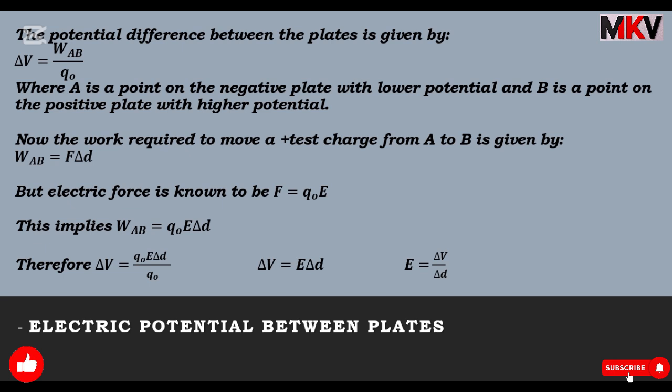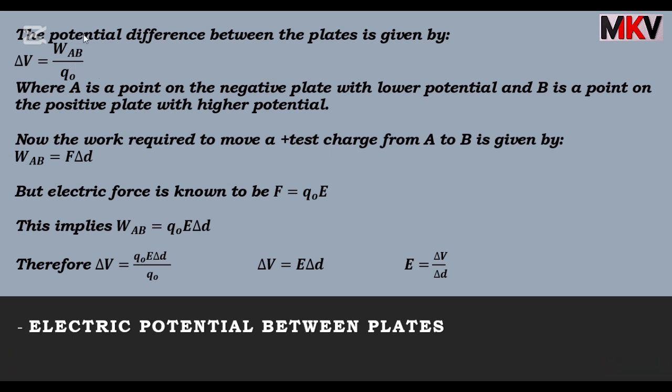Therefore, doing that substitution again into the potential difference between the plates, we are having the potential difference to be equal to Q naught E change in D over Q naught. That is, we substituted the work done into the potential difference equation.